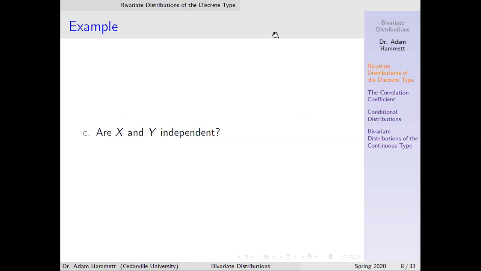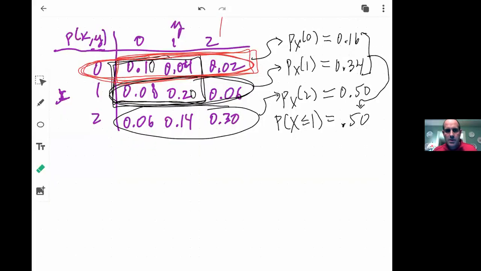Let's take a peek back at this, and we'll sort that out. So here we are back in this good old table. I erased some stuff that was unessential to this discussion, but the question was whether the random variables X and Y described in this joint PMF table are actually independent.